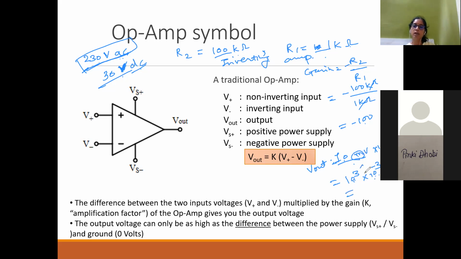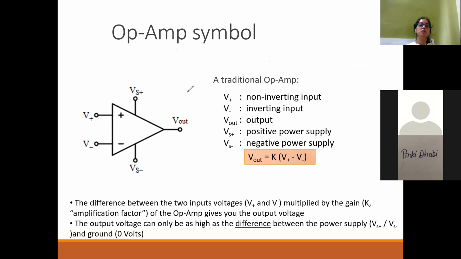That cancels, giving 1 volt only. So the output voltage is 1 volt, right? Your gain, decided by these external resistors, is now very small. It is reduced with the help of the feedback process, so the feedback process is advantageous to op-amp working. That is needed.